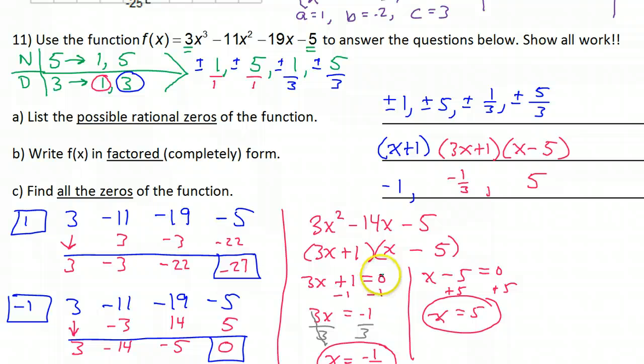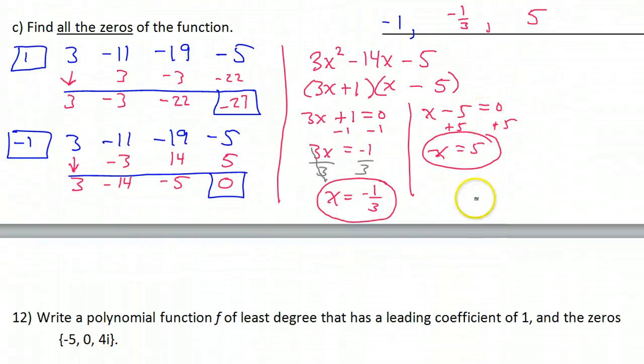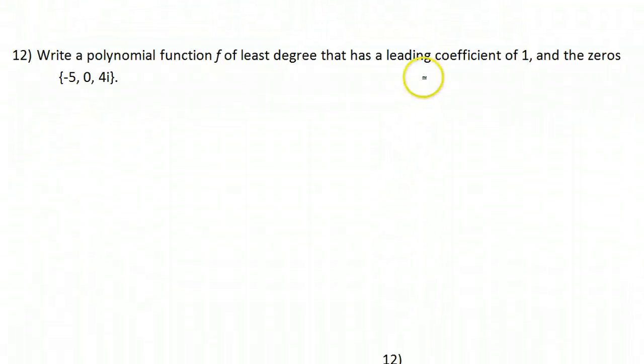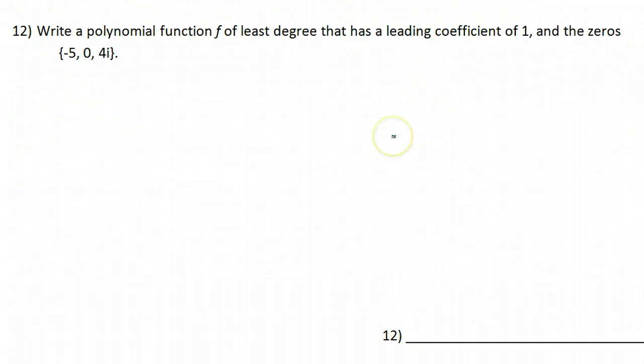Okay, that was number 11, once, for my Spanish speakers. Alright, we are nearing the end. Write a polynomial function of least degree, leading coefficient of 1, and has these zeros.